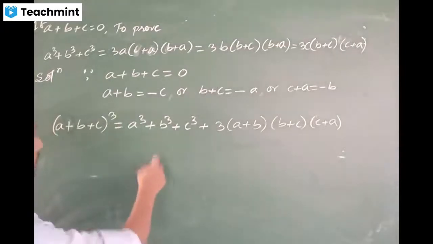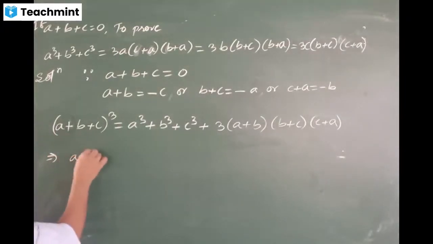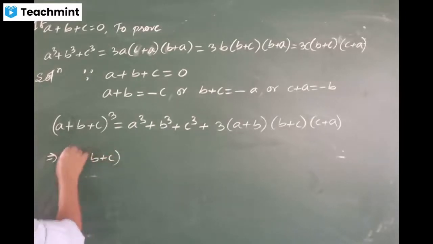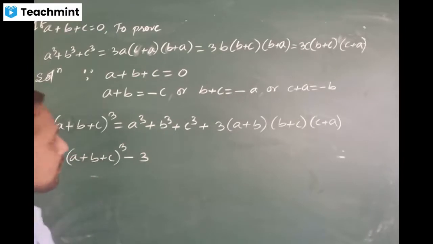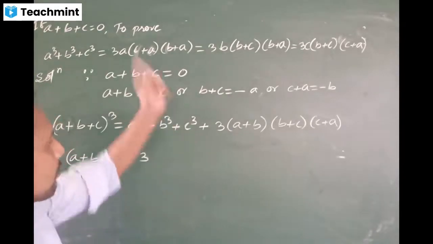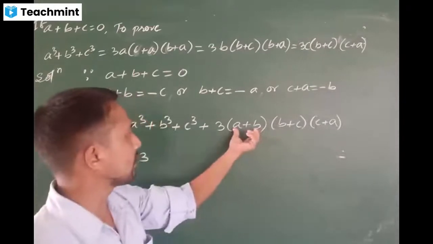Now here, A plus B plus C whole cube minus 3, if we keep these things, let us see, change this part, what we can get.